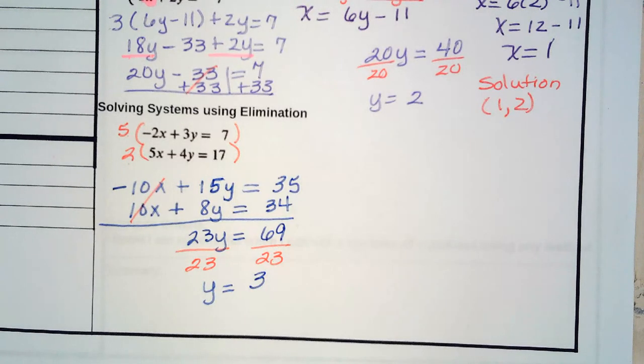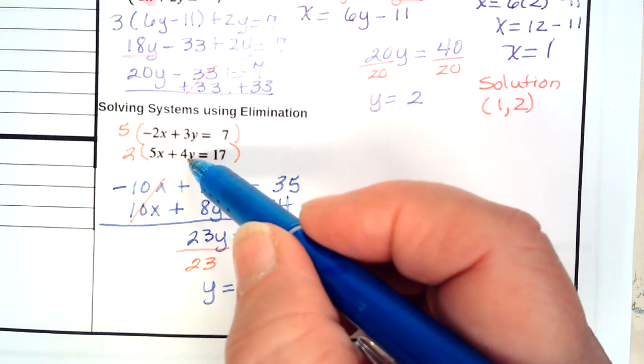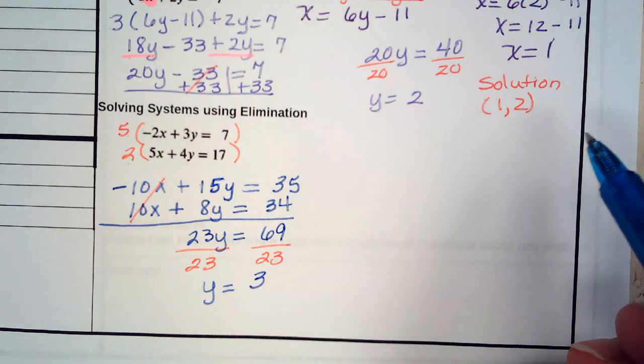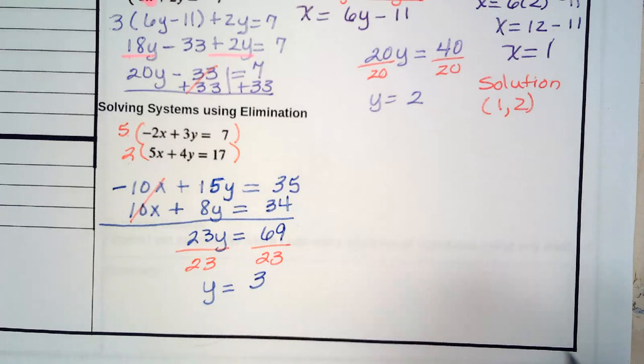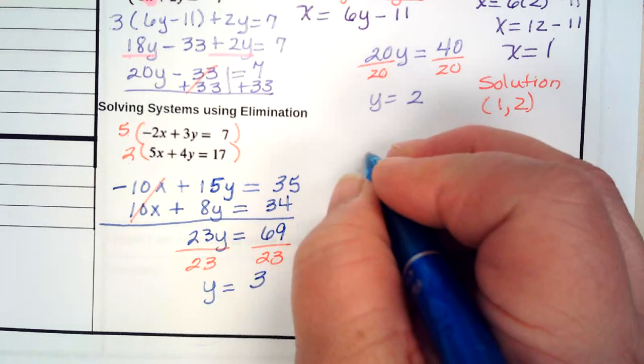But we still have to find x. Which of the equations do we want to use? It really doesn't matter. We can use the first equation, the second equation, either one of these two scaled equations, and we'll substitute in 3. Let's use the first equation.